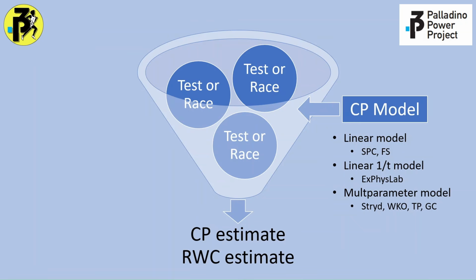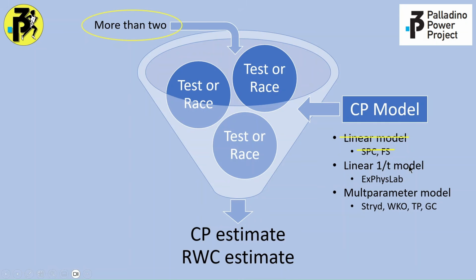And just a few notes on those. One, if you have more than 2 test or race data points, you'd rather not use a linear model. You'd rather not use the Superpower calculator or the Final Surge calculator if you have more than 2 data points. The linear 1/time model or the multi-parameter models will be better choices.